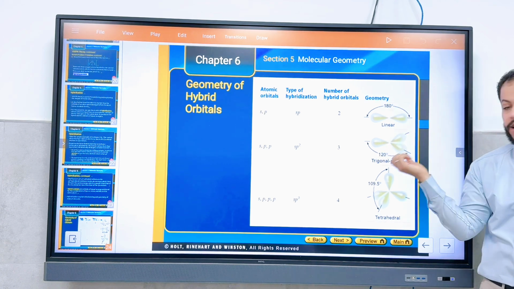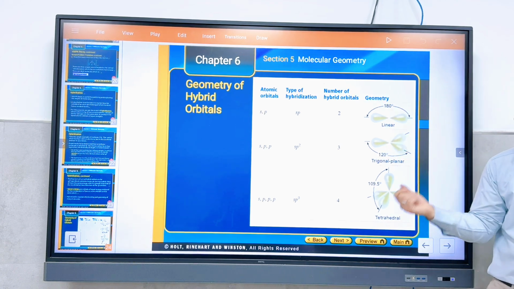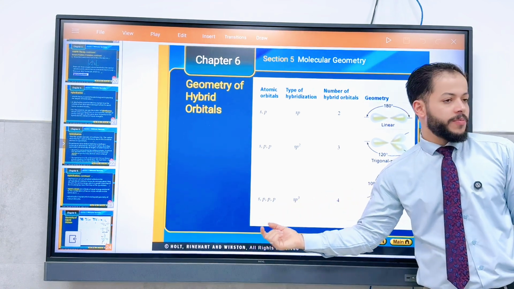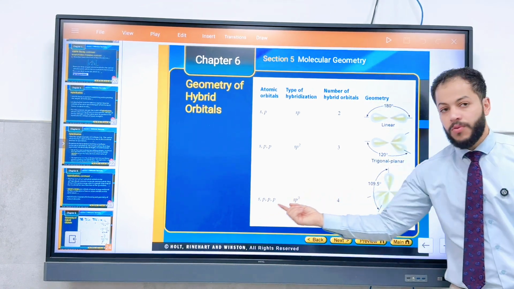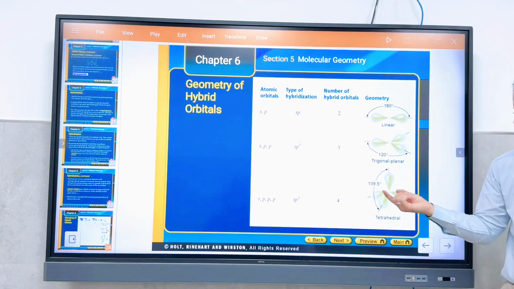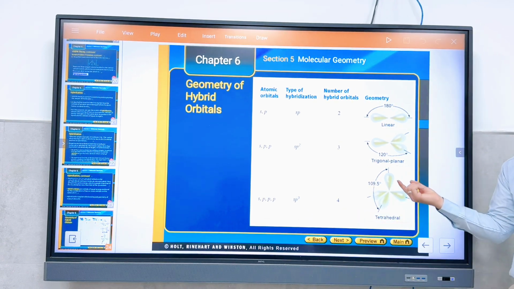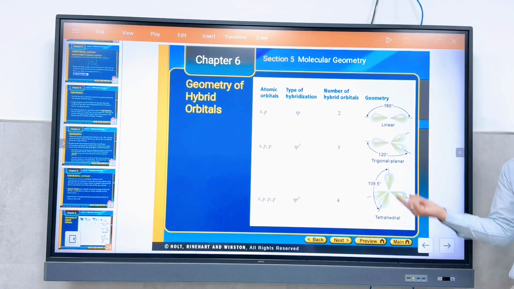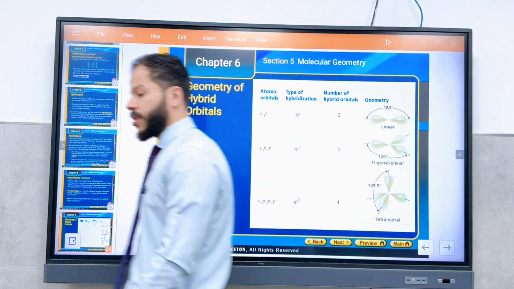Trigonal planar with an angle of what? 120. And the final one, the example of methane that we take, is 1s with 3p orbitals to form hybridized sp3, 4 orbitals equal in energy, of type tetrahedral, and the angle is less than 109.5.